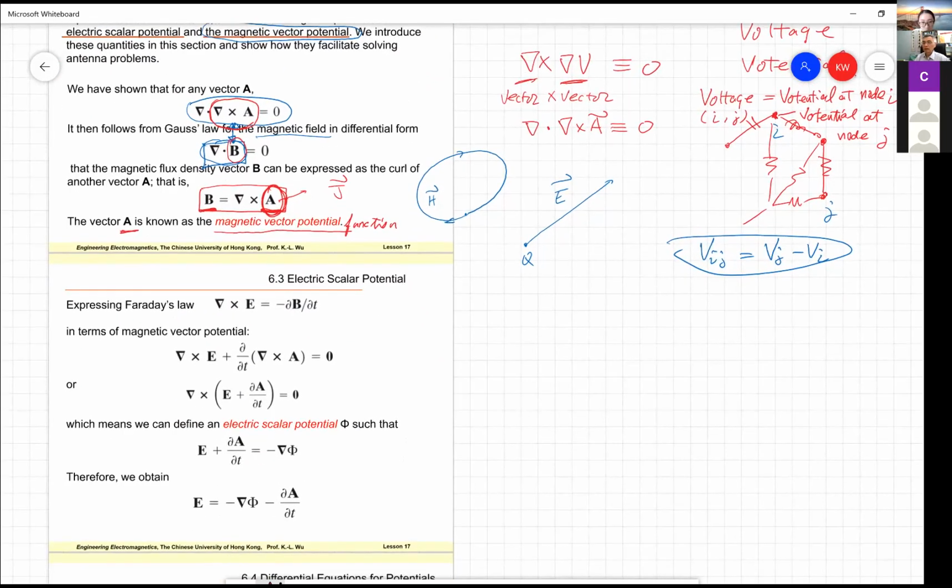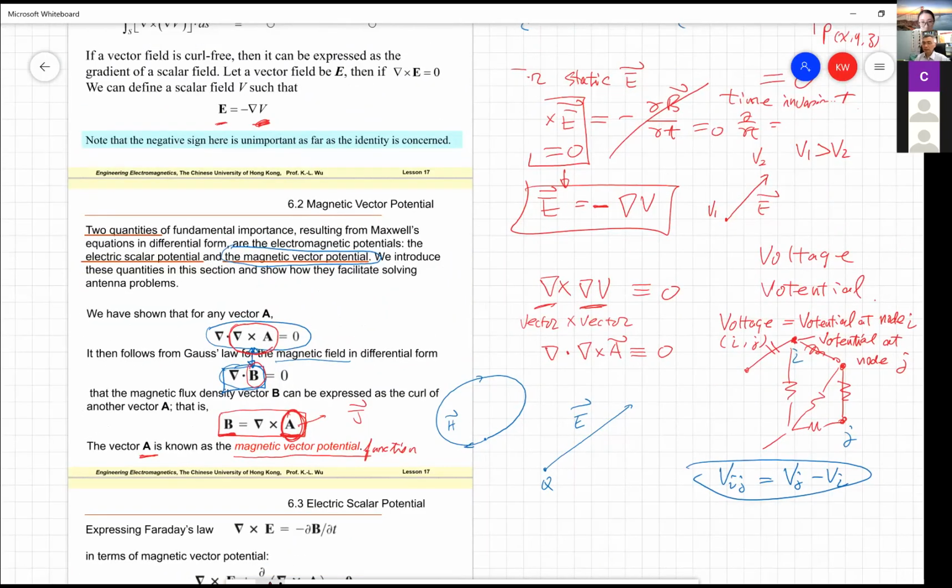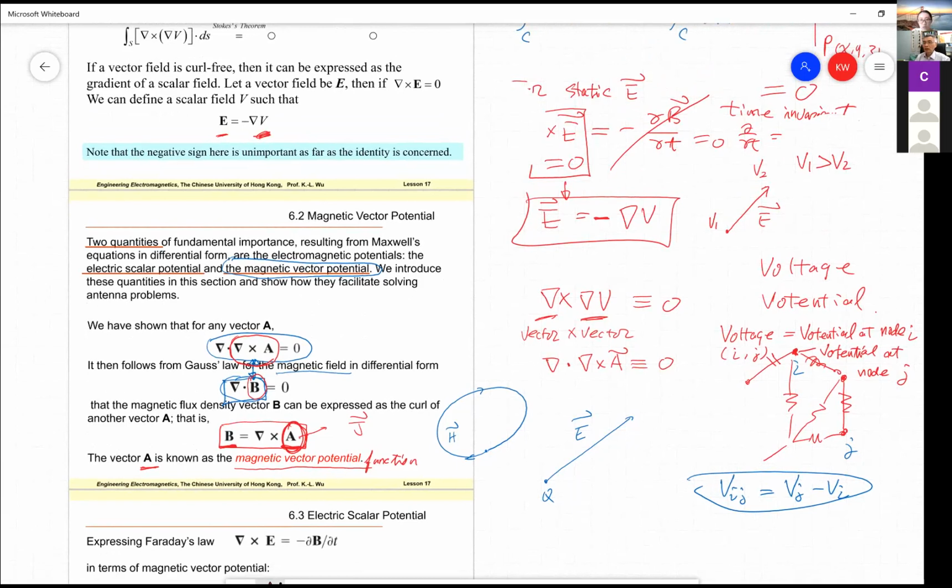Now it seems you have a scalar potential and a vector potential, and the electrical field and the magnetic field are not related. This contradicts what Maxwell's equations tell us. What Maxwell's equations tell us is that the magnetic field creates the electrical field, and the electrical field creates the magnetic field.